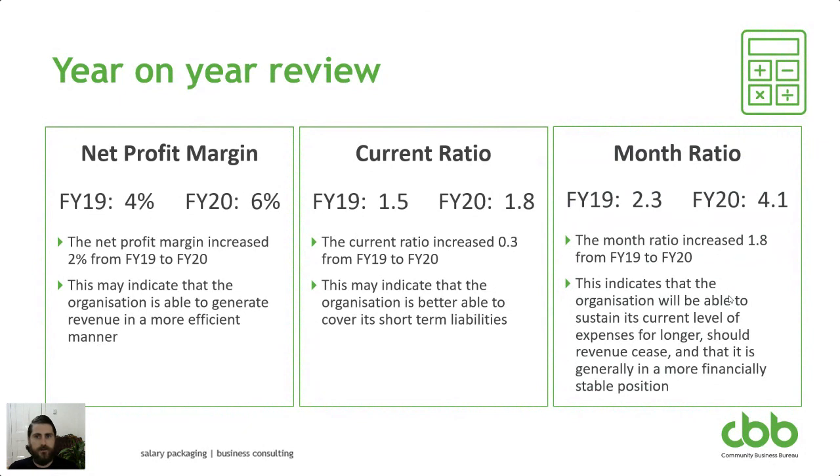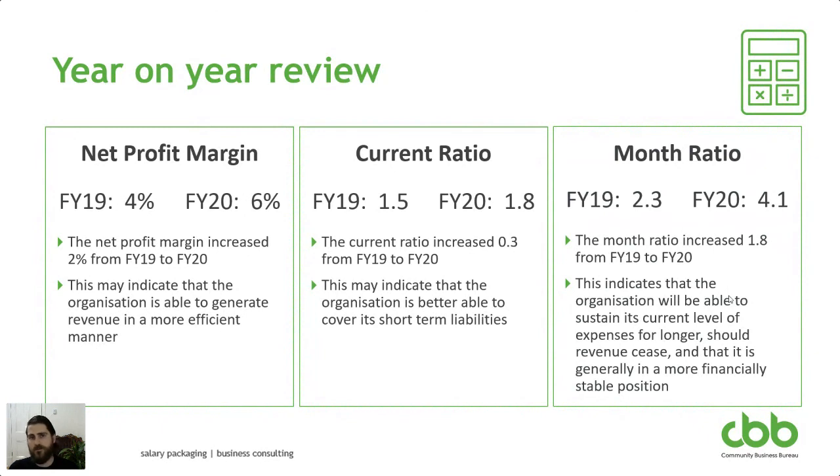So in FY19 we had 2.3 and in FY20 4.1. So the month ratio has increased 1.8 months from FY19 to FY20. So this indicates that the organisation will be able to sustain its current level of expenses for longer should revenue cease, and that it's generally in a more financially stable position.